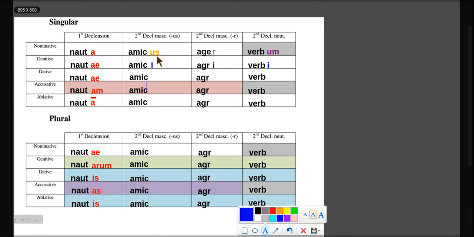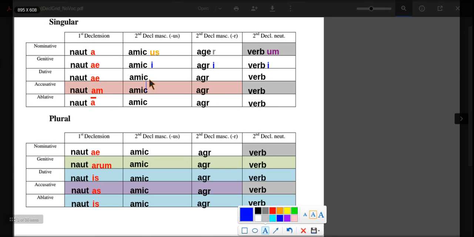It is the exact same with your second declension, except instead of taking off an ae, you take off the second declension ending, that long i. So you take the long i off, and you get your stem. So you have amicus, amici, take away the i, you have amic. If you go to ager, agri, you take off the i, and you have agr. And then if you go to verbum, verbi, take off the i, and you have your stem, verb.